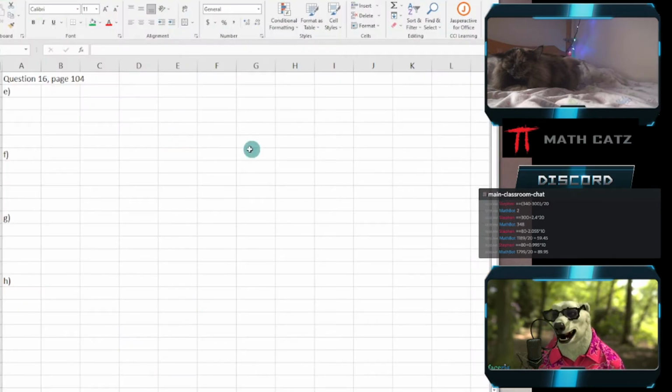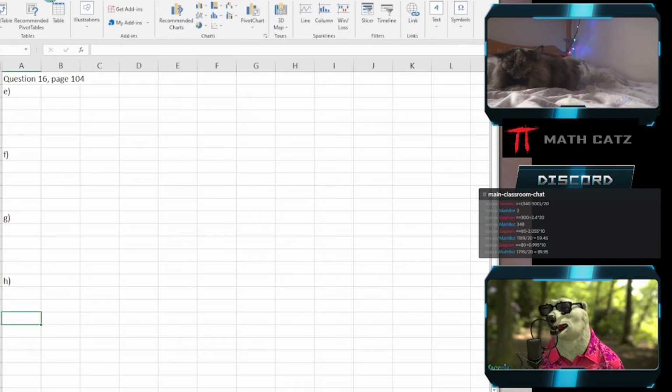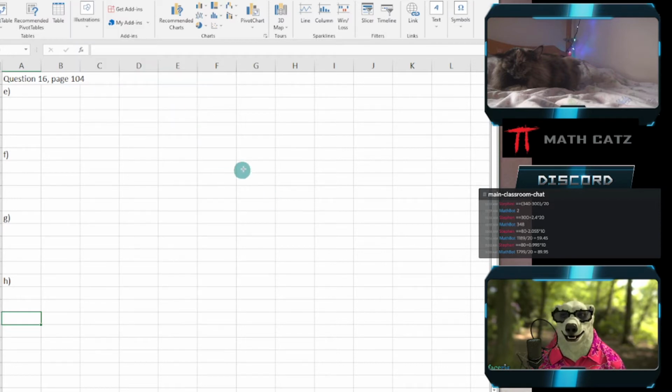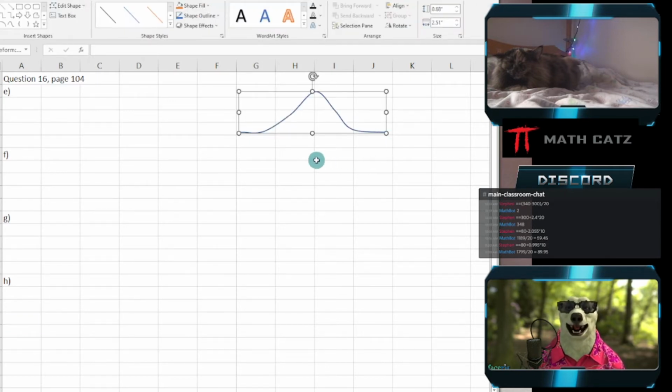Now, drawing here is not as convenient as it might be by hand, but let's do a rough illustration of the normal distribution. Let's put it over here. Very rough. I'll just do a bell curve like so. Doesn't have to be the best. There's my bell curve, just as a reminder.